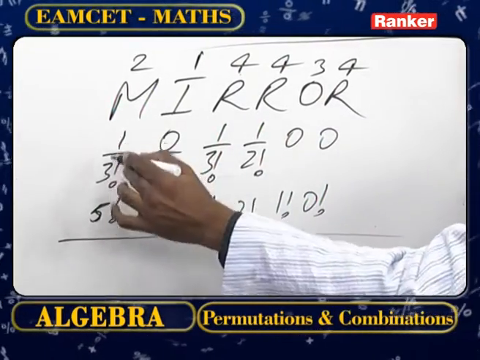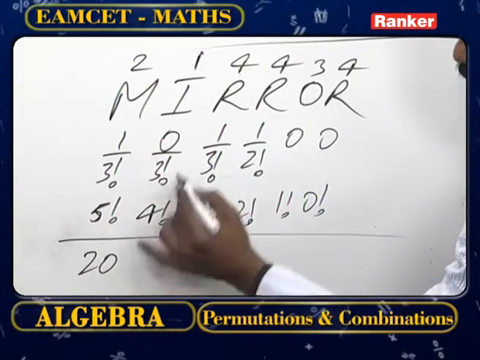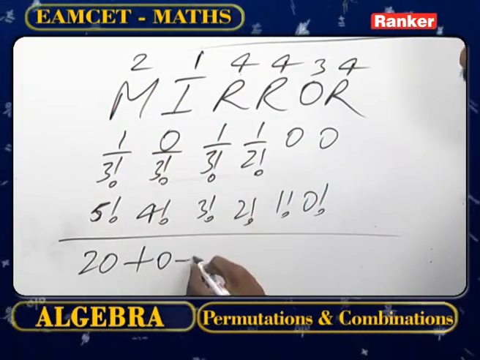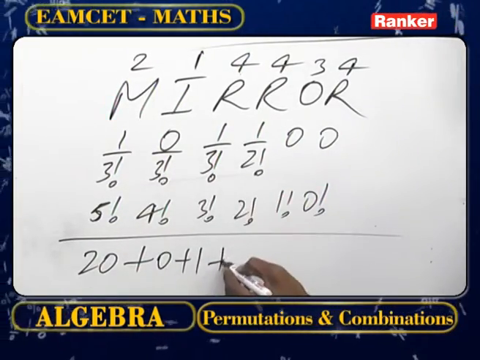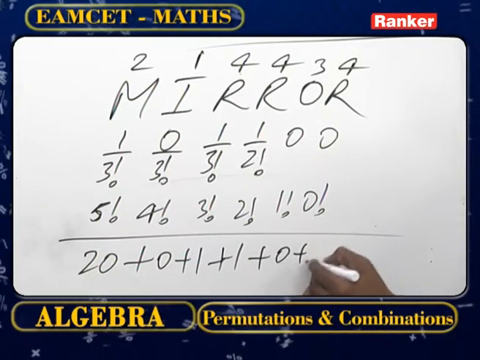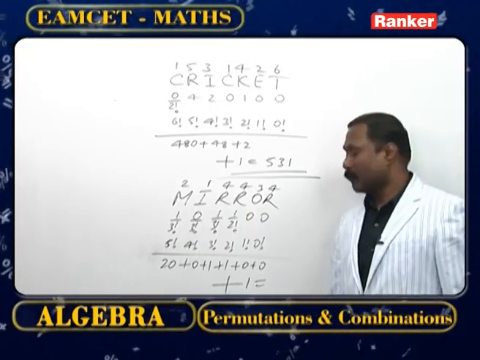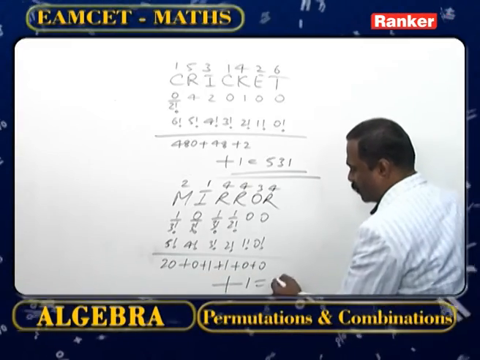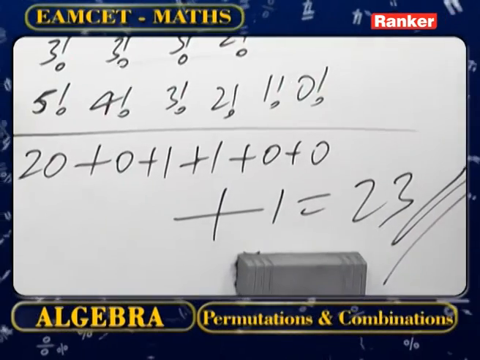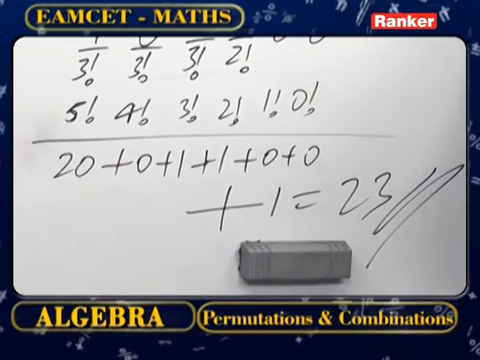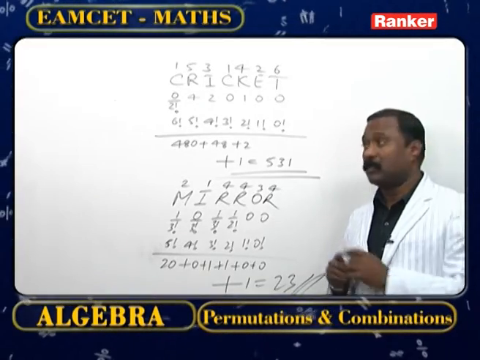It is 5 factorial upon 3 factorial, which is 20. It is 0. It is 1. It is 1, 0, 0, plus 1. What for plus 1? Mirror plus 1. How much is it? 22 plus 1. 23 is the answer. In the short form, you can find out the rank of the word like this in a simple way.